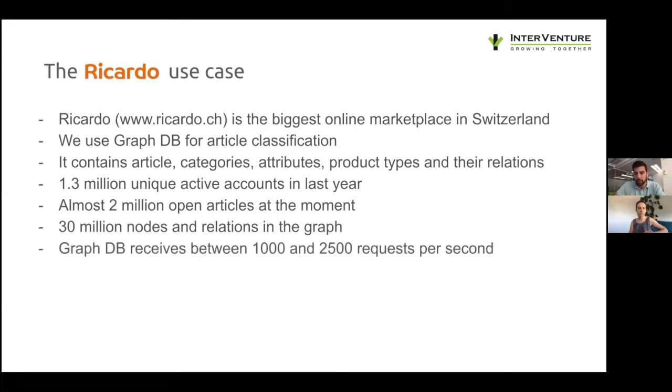Our graph database receives between 1K and 2.5K requests every second. And we actually use ONGDB, which is just a fork of Neo4j. We run it in production for more than a year, and we're quite happy with it.